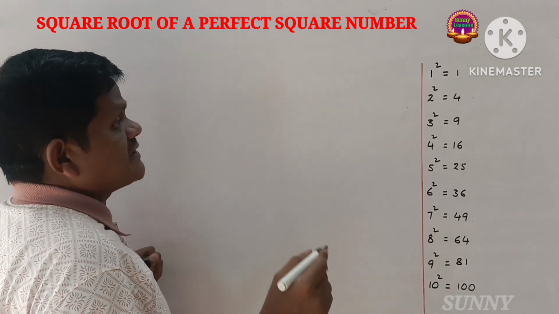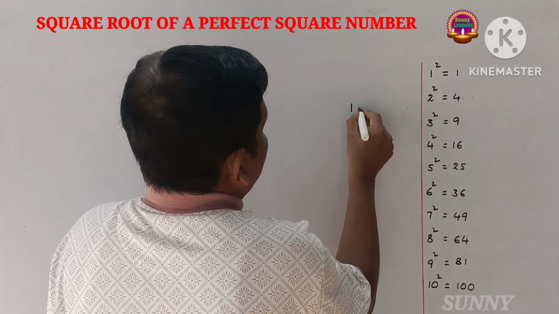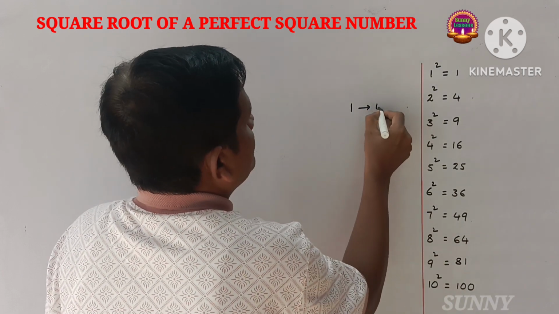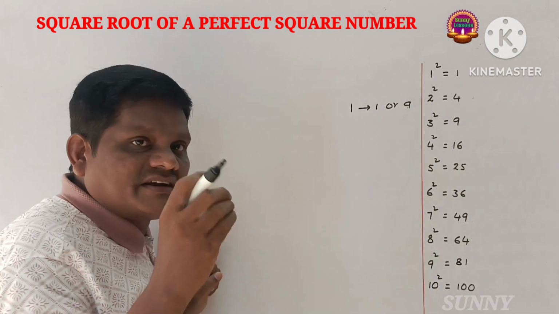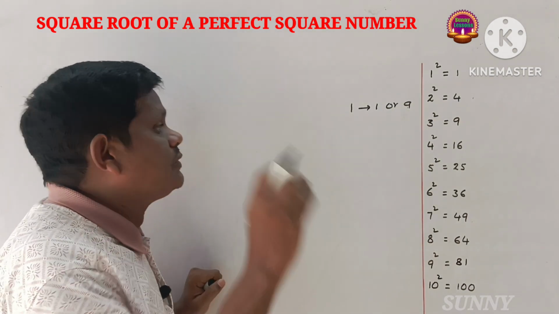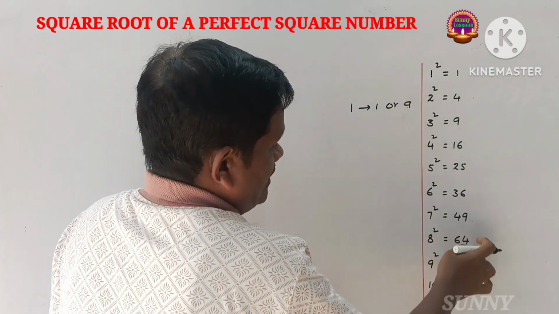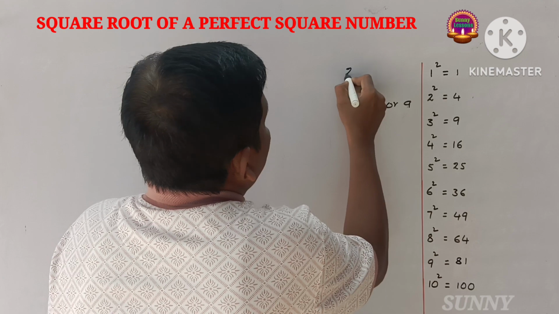When the perfect square number ends with 1, check: yes, it is 1 square or 9 square, so 1 or 9. When the perfect square number ends with 2, check the perfect square numbers: yes, they never end with 2.